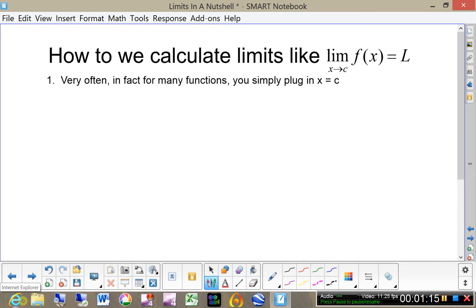So how do we calculate limits like the limit of the function f of x as x approaches c equals L? Very often, for many functions, we just simply plug in x equals c.